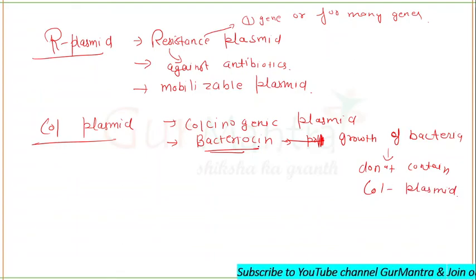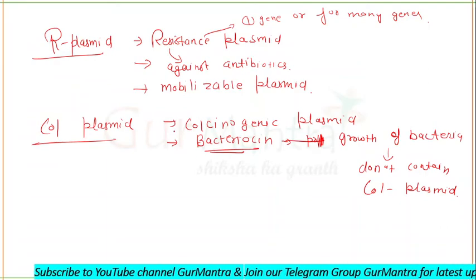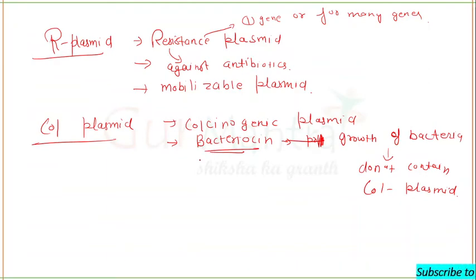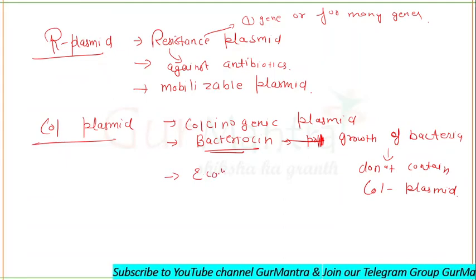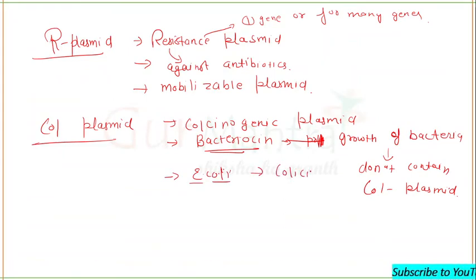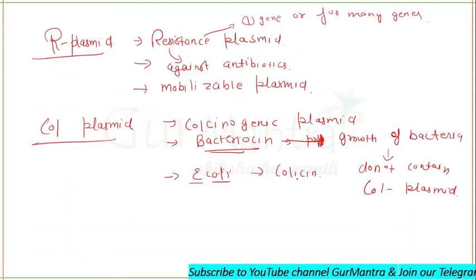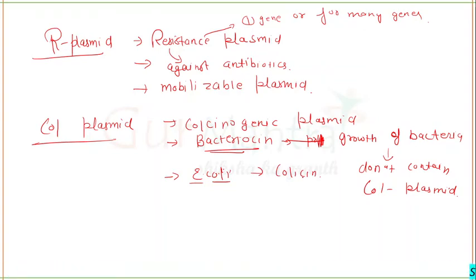Otherwise, if they are having col plasmid, they will be able to synthesize bacteriocin and they won't be susceptible to it. In E. coli, this bacteriocin is called colicin. There are a number of colicins, like colicin A, B, etc., each having a particular mode of inhibition of sensitive cells.